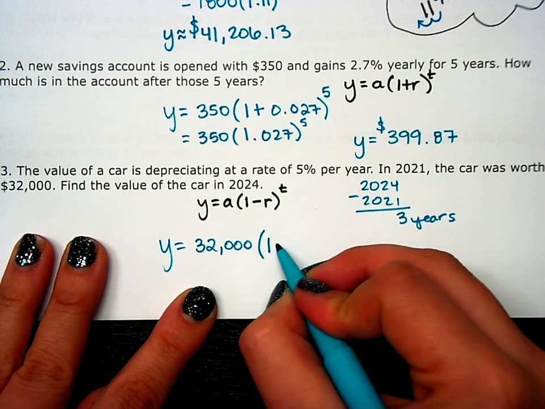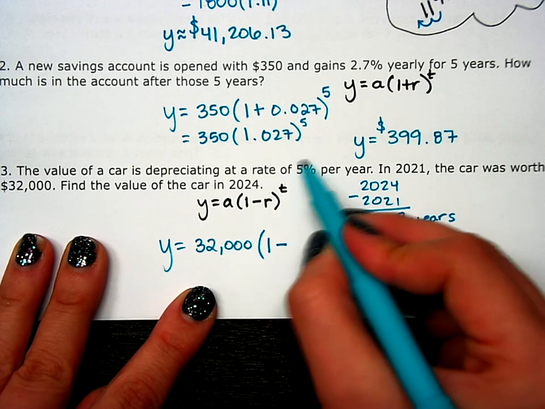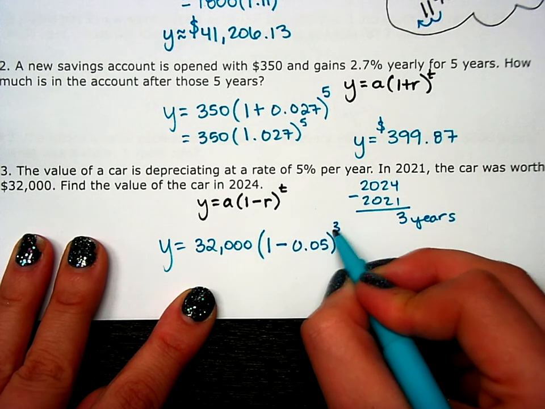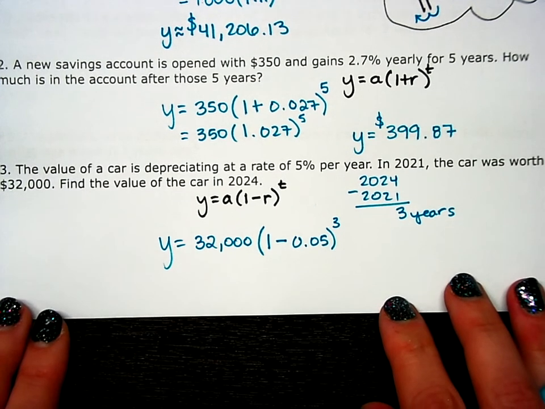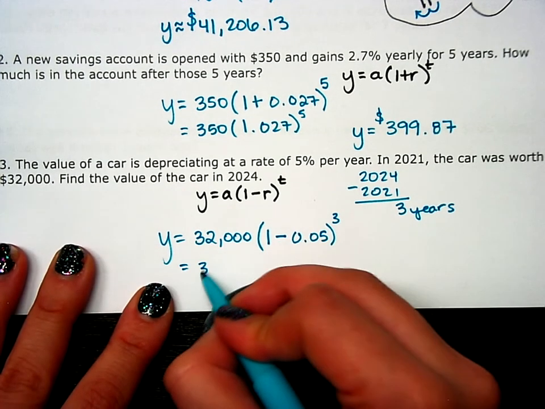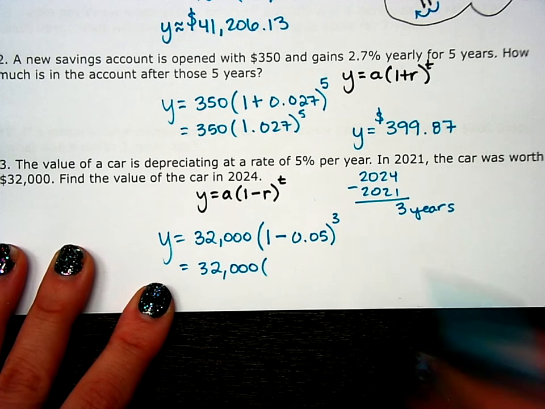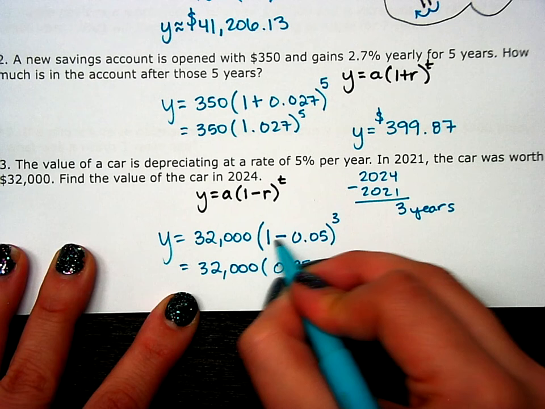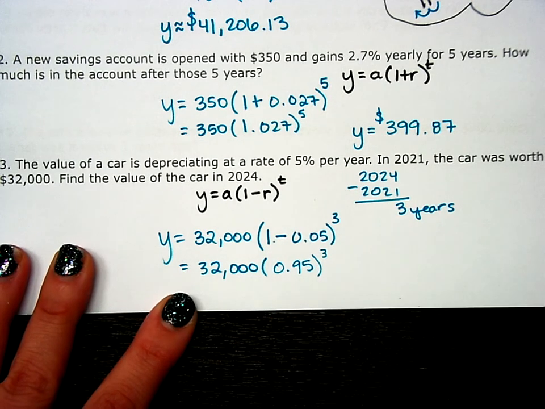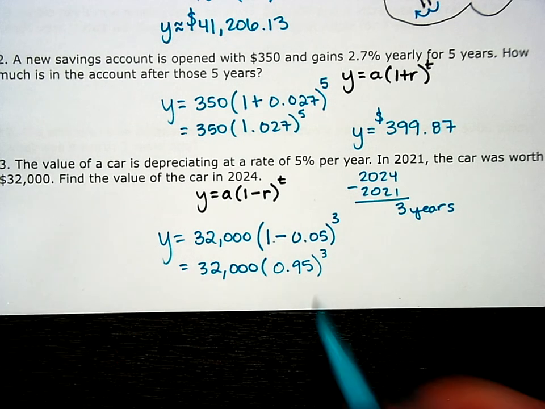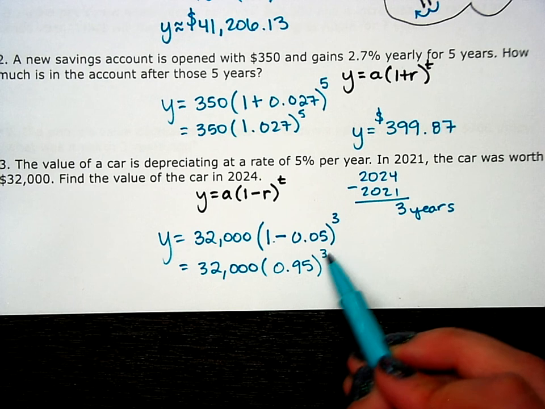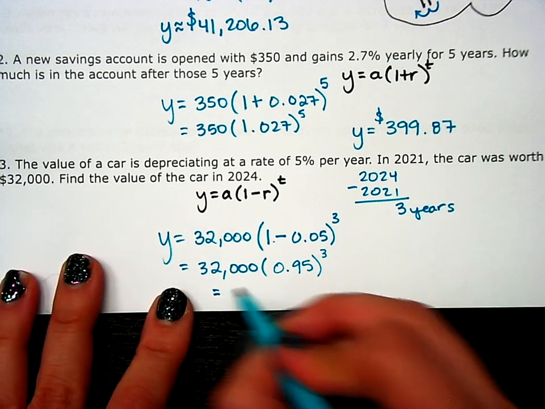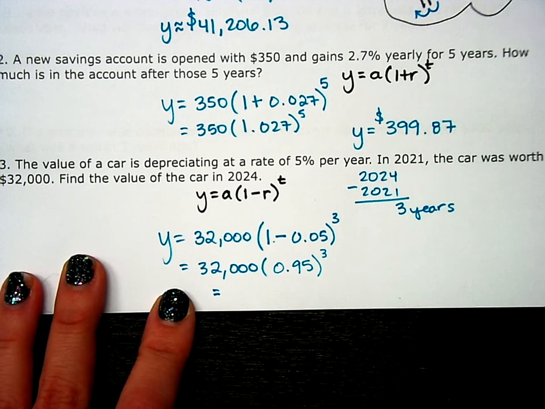We're going to do 1 minus 5% as a decimal, and then raised to the 3rd power since we're talking about after 3 years. Okay, so this is 32,000 times, and then this is going to be 0.95. I just did this subtraction, raised to the 3rd power. Once again, we're going to take this number, raise it to the 3rd power, and then multiply by the initial amount.